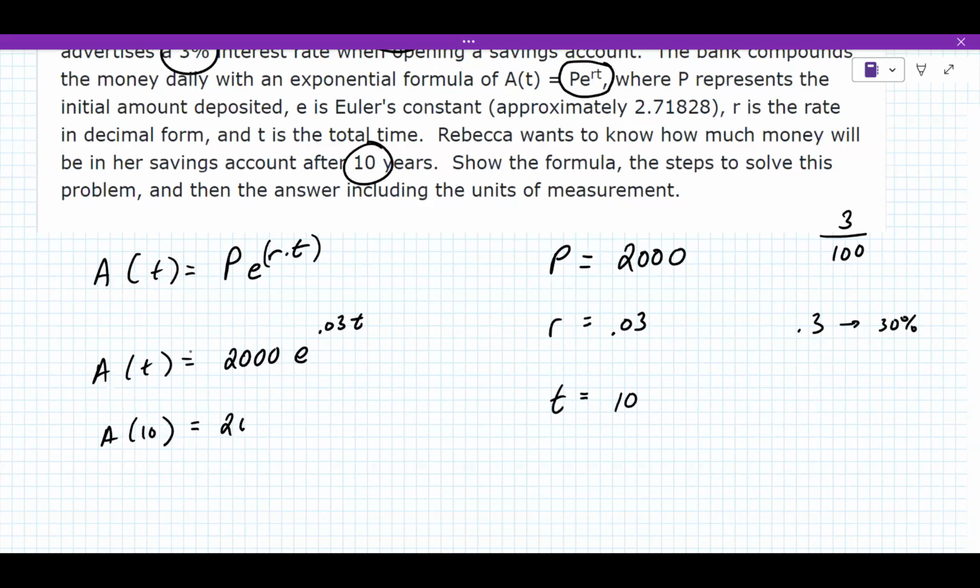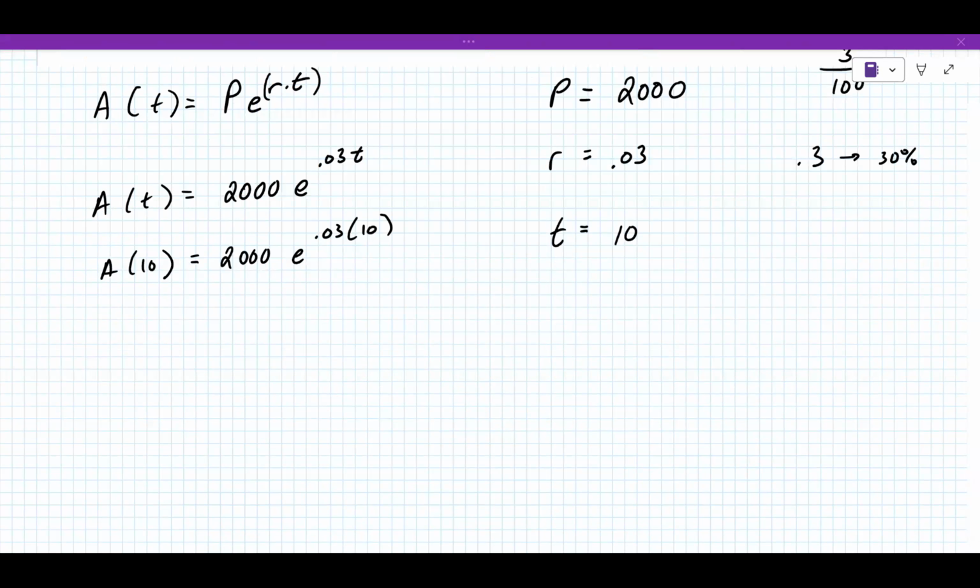We're going to put 10 in for T. Your Desmos will have an e button in it. It may be under func, and it'll be the e to the x. Let me know if you need help finding that. I found it.